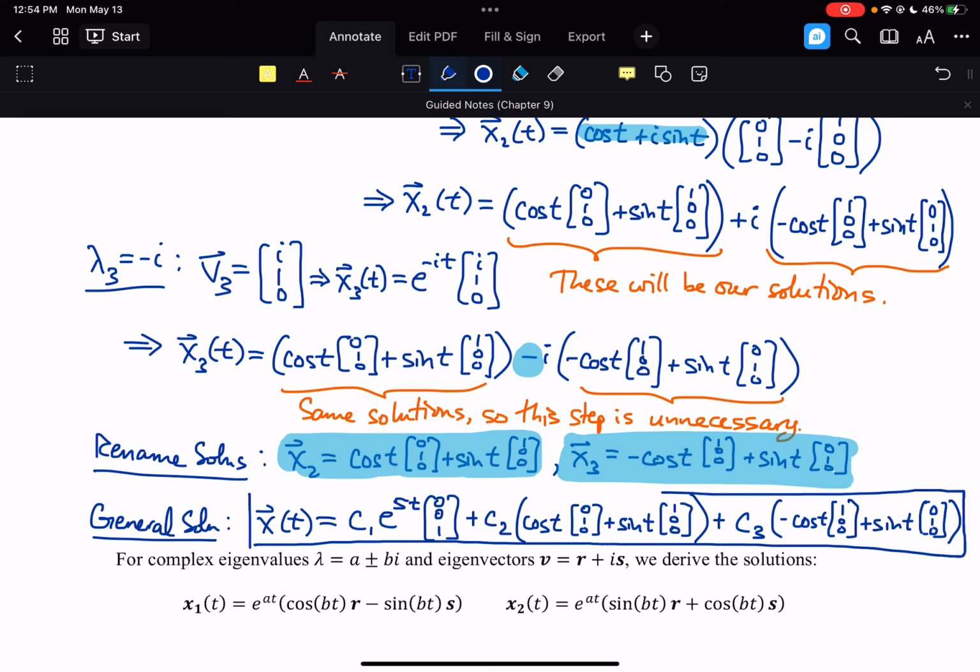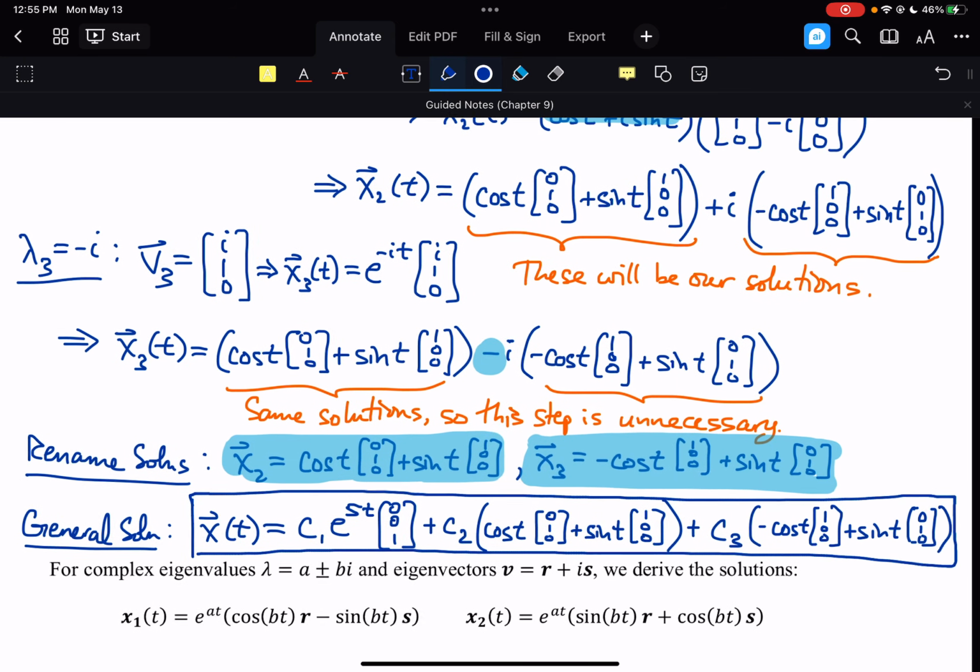So this gives us our general solution right there.